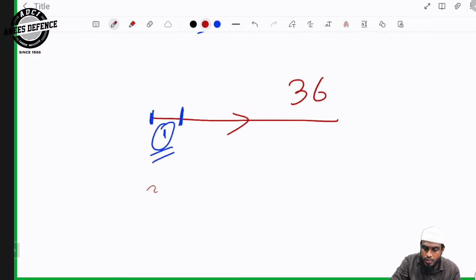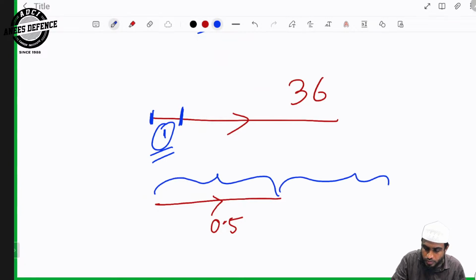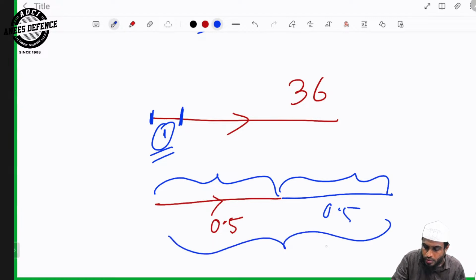Another example, a vector with length 0.5. The length is actually 0.5. So a unit vector means the length should be 1. Here the vector itself is small. So in order to get the unit vector along the same direction, I have to take double of this one. So 0.5 plus 0.5, then only I will get a total of 1.